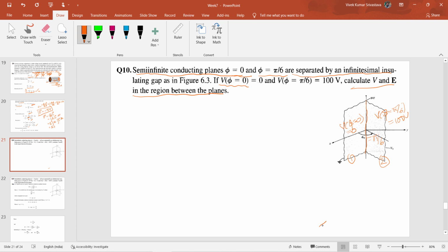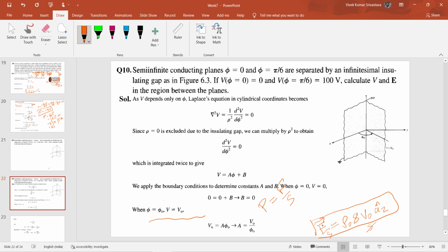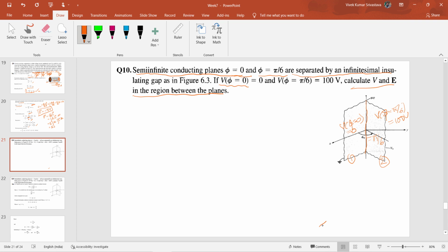See here that there is no charge given between these two planes. So we will use the Laplace equation instead of Poisson's equation.